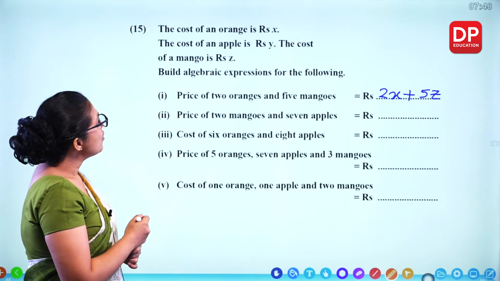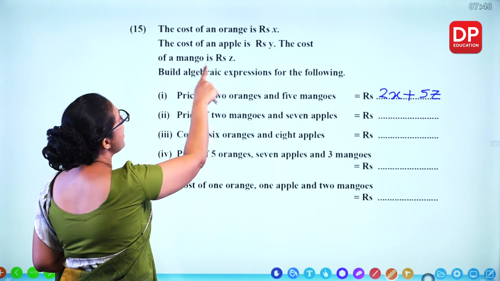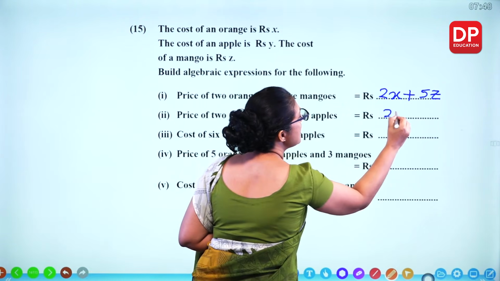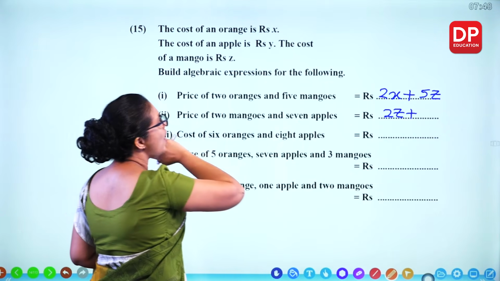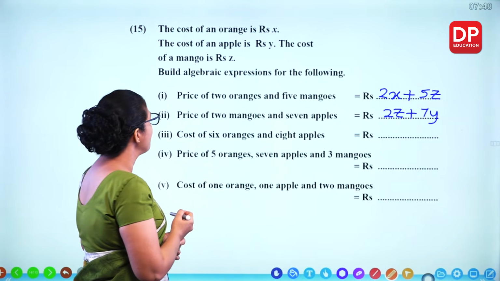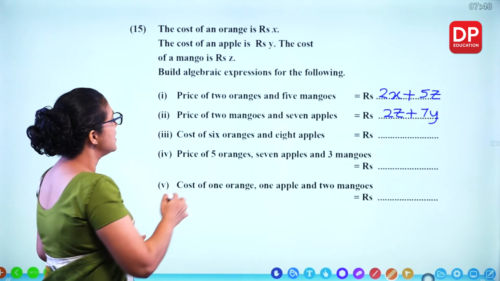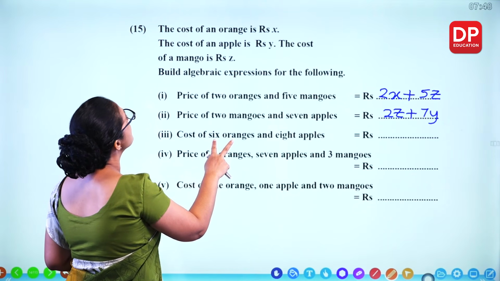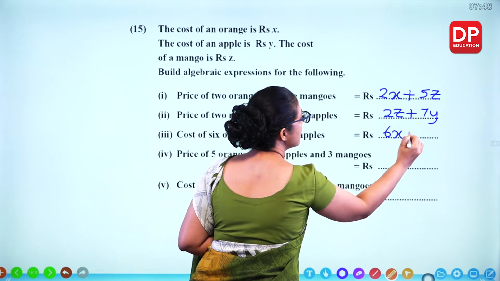Price of 2 mangoes and 7 apples. 2 mangoes is 2z and 7 apples. Apple is y rupees, so 7y. Cost of 6 oranges and 8 apples. 6 oranges. 1 orange is x, so 6x.